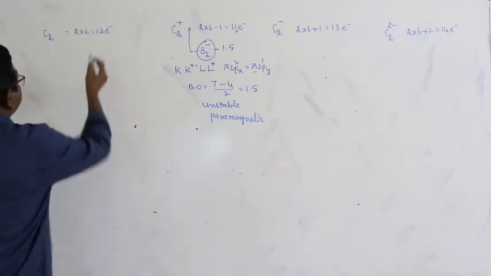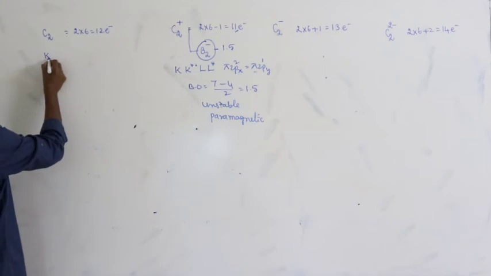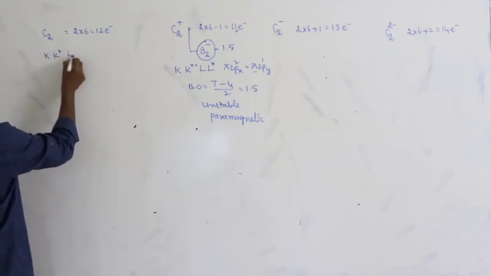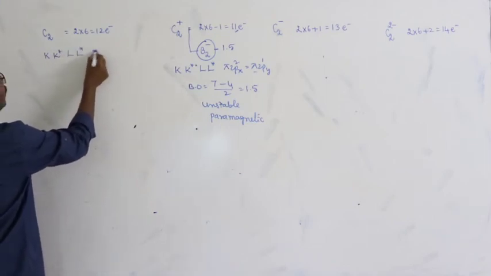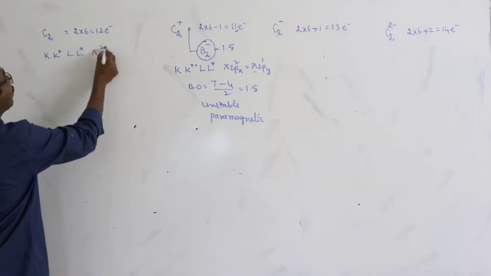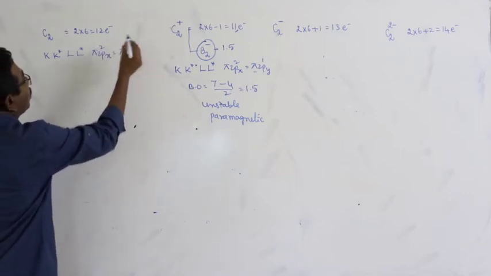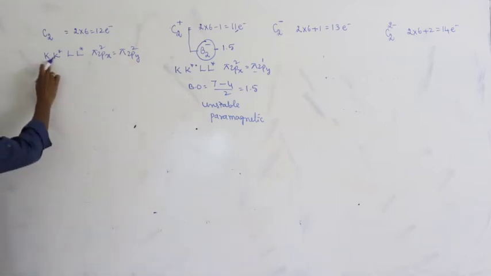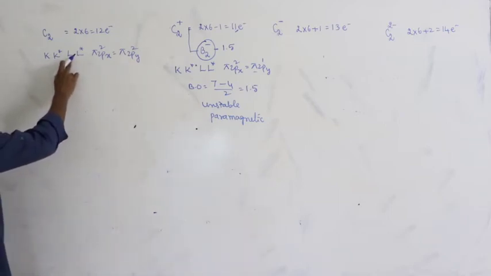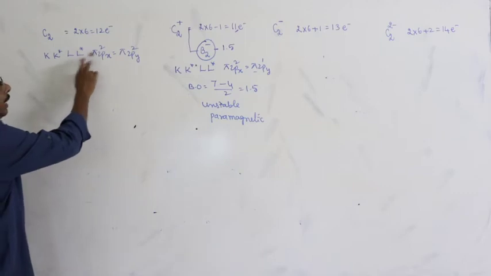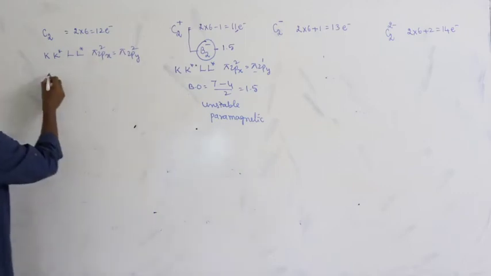Look at the species, 12 electrons, K star, L star, pi 2p square x equal to pi 2p square y. 2 plus 2 4, 4 plus 2 6, 6 plus 2 8, 8 plus 4 12.